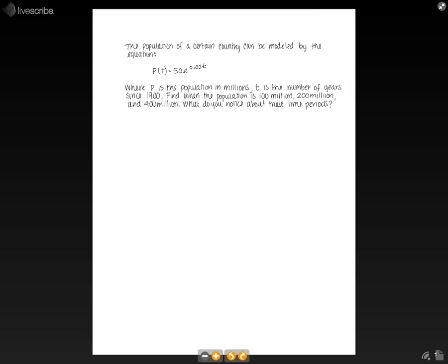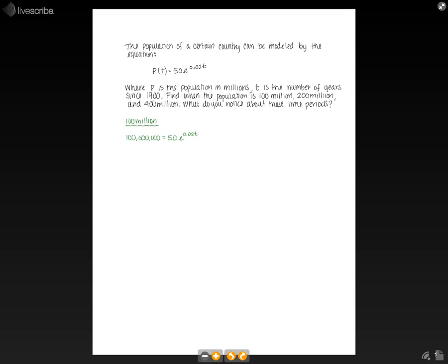Alright, so let's start by trying to find how many years it took the population to reach 100 million. What we want to find is t. So we have 100 million is equal to 50 e to the 0.02 t, and we're trying to solve for t.